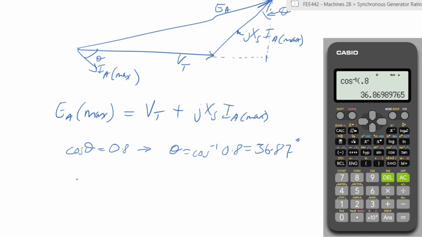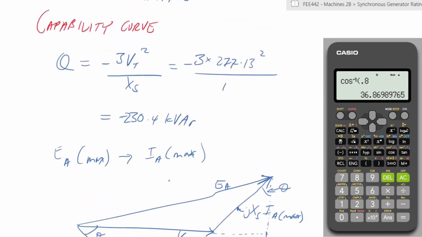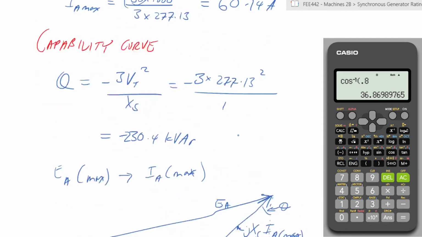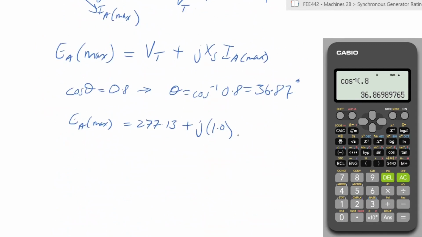So what we then end up with is EA at maximum will be VT, which is 277.13, we already calculated that, plus jXS, where XS was 1.0 ohms, that is the synchronous reactance, times IA, which is 60.14 amps.